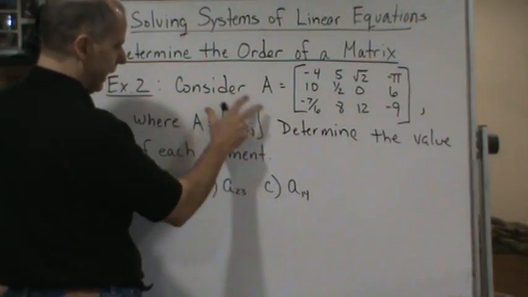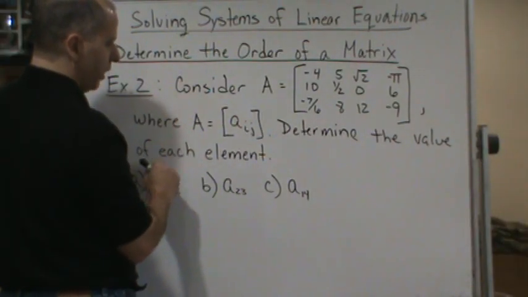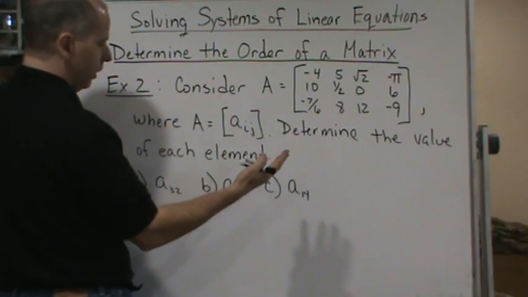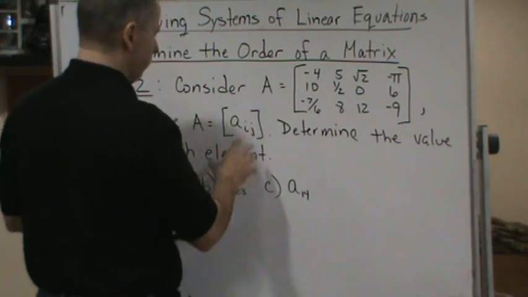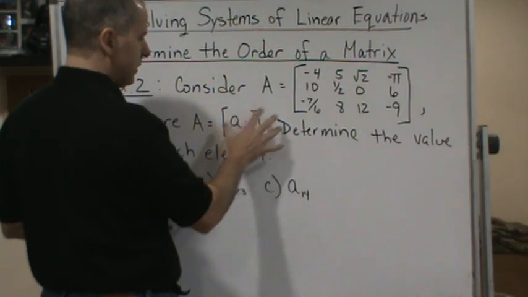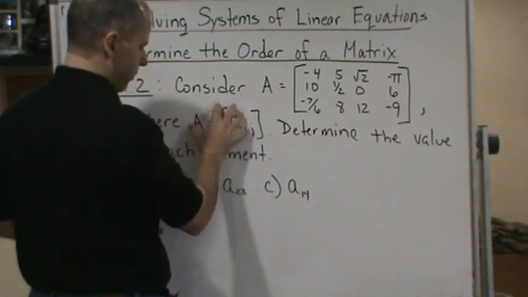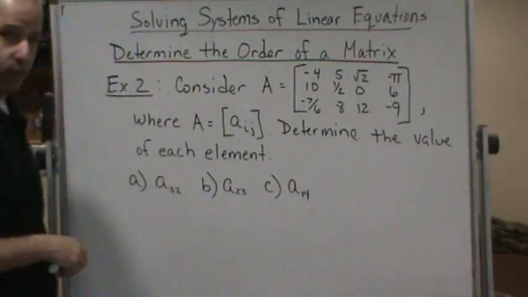So this is a shorthand notation that we can use to write just the general, for a general matrix, right? So this here represents A. So this is the notation that we would use.